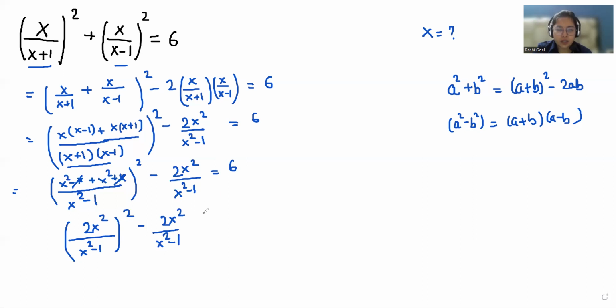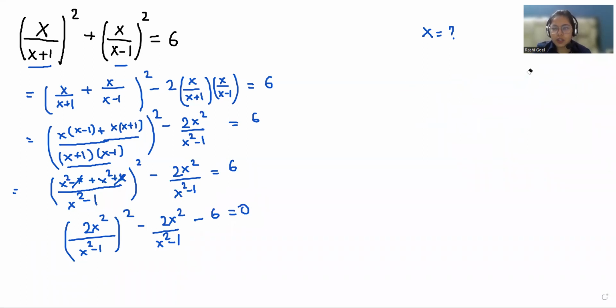We'll take this 6 to the other side, so minus 6 equals 0. Now I'm taking a substitution. We'll substitute 2x²/(x²−1) as p. So we can write it as p² − p − 6 = 0.